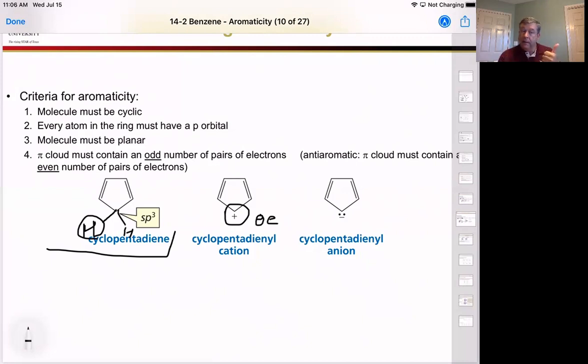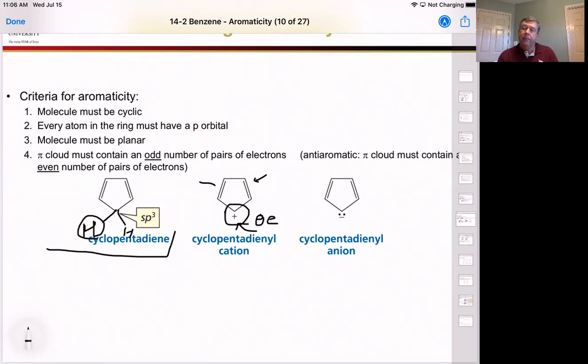We are cyclic. We have a p orbital now on every single one of those 5 atoms. And we are planar now because it is all sp2 hybridized. But we have 0 electrons in this orbital. We have 2 electrons here and 2 electrons here for a total of 4. So that means the cyclopentadienyl cation is actually anti-aromatic. It follows all the rules, but it has an even number of pairs of electrons.